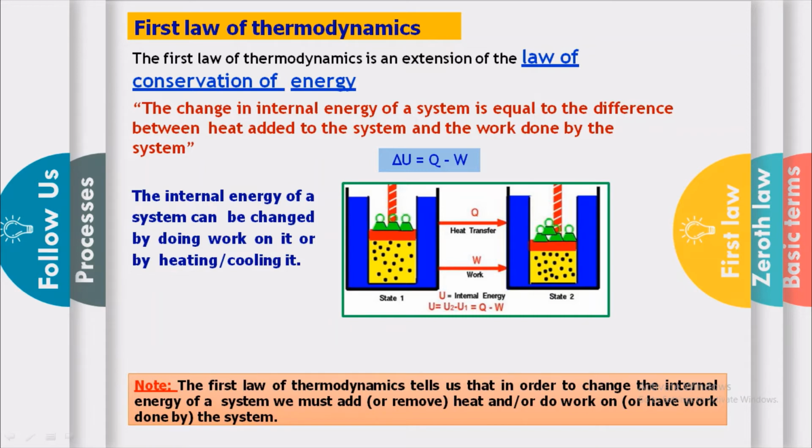Also, any system that violates the first law, that is creates or destroys energy, is known as a perpetual motion machine, that is PMM of the first kind.